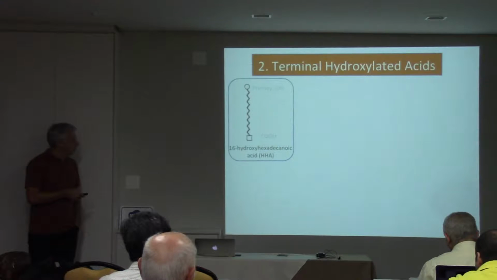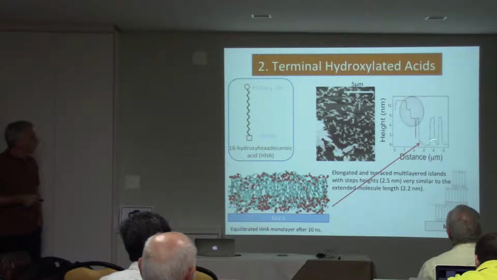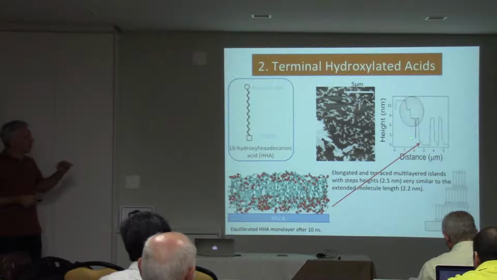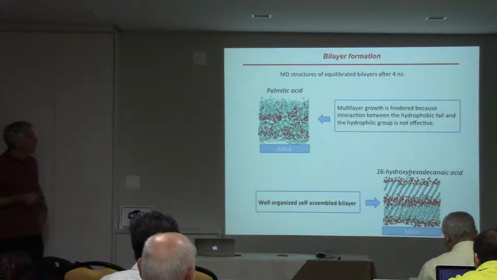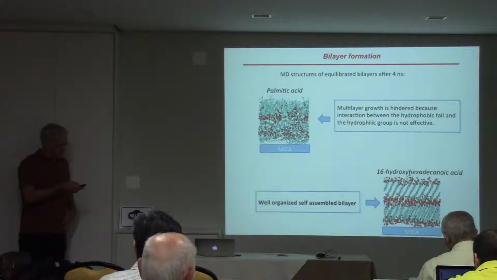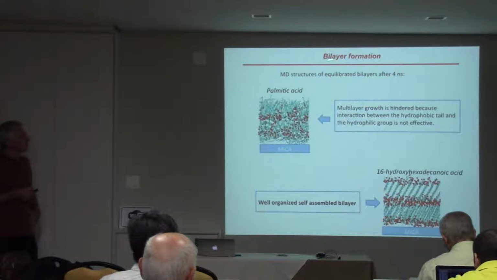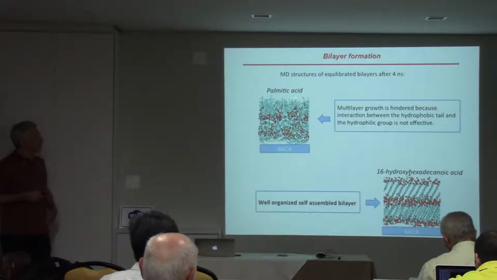These peaks correspond to monolayers, which, because of the height, show that the molecules form very uniform structures, differently from the palmitic acid. And the multilayer structures can be seen from the simulation to not be formed for the palmitic acid.